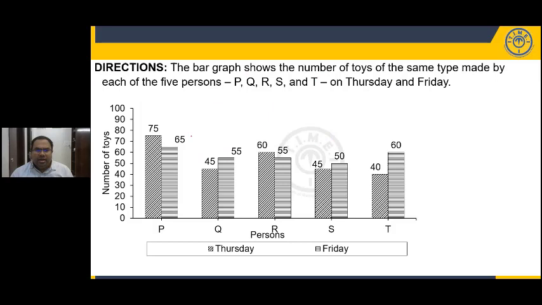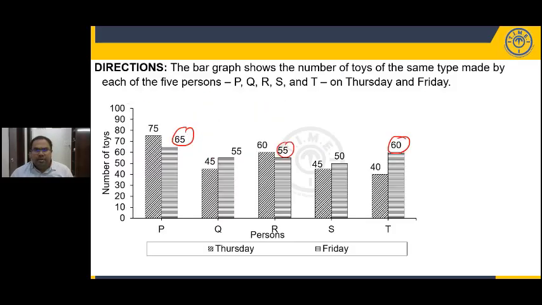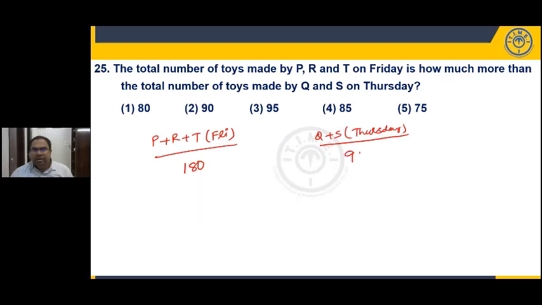P, R, T: 65 plus 55, 120 plus 60, 180. Q and S on Thursday, 45 plus 45, 90. 180 minus 90, it should be 90.